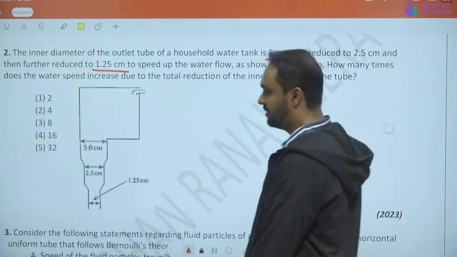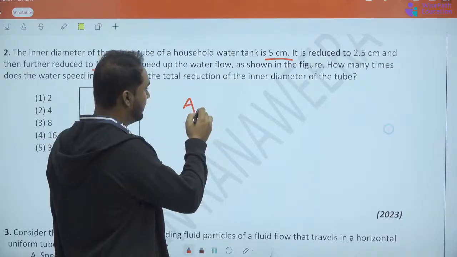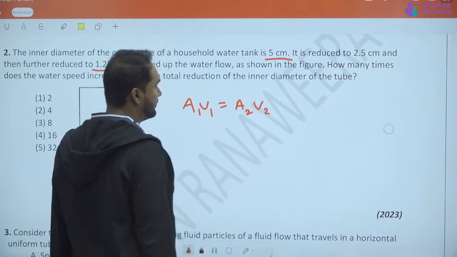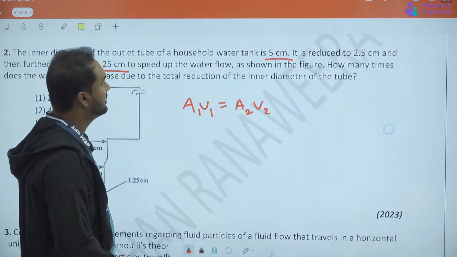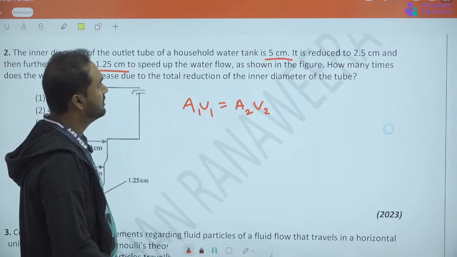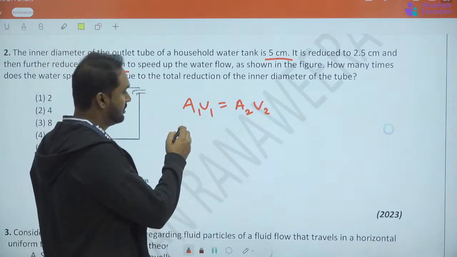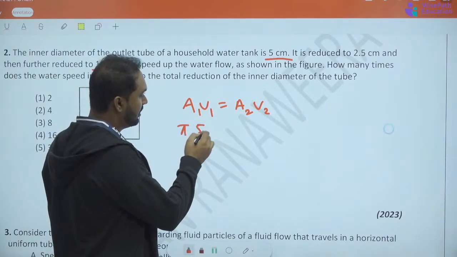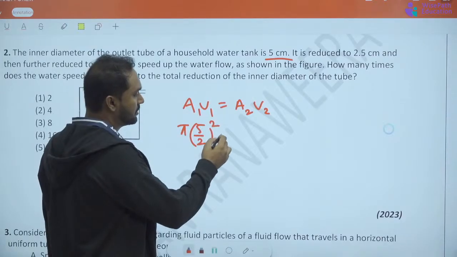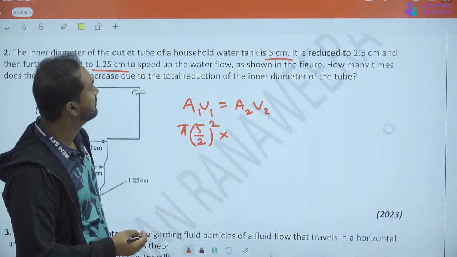So it's A1 V1 equals A2 V2 basically, right? It's A1 V1 equals A2 V2. So it's the diameter, you have to take the radius, right? The inner diameter is 5, so pi r squared is pi times (5 divided by 2) squared times v1.